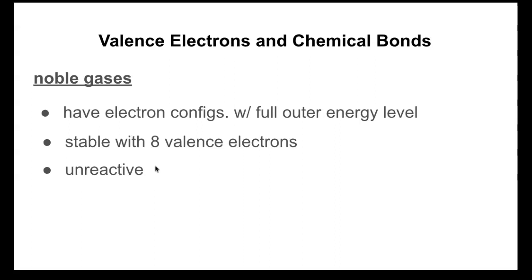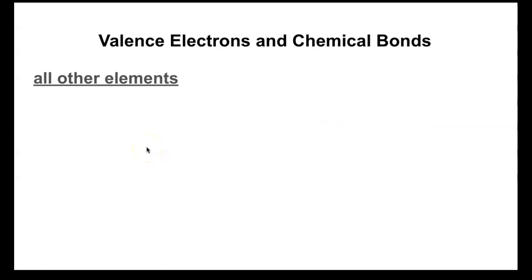But if you look at the first bullet here, it explains helium. Helium is a noble gas because it has a full outer energy level. Helium ends with 1s2, okay? That's the first energy level. Helium fits the bill of a noble gas because it has that full outer energy level. All other elements, you should understand, are going to be reactive.